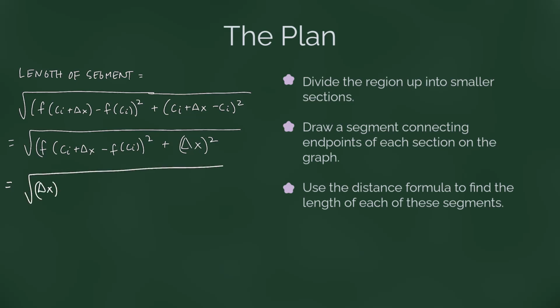It's a little bit of a trick, but what we're going to do is factor out a delta x squared. In order to do that, that means we have to multiply the first term by delta x squared over delta x squared, so that when we factor it out, we are left with f of c sub i plus delta x minus f of c sub i squared all over delta x squared, and then plus 1 for the second term.